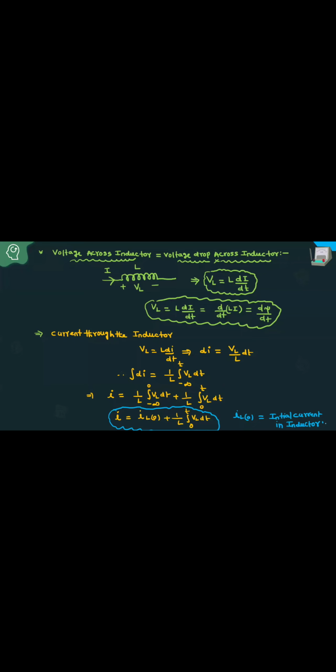If initial current in the inductor is 0, then how can you write the current through the inductor?